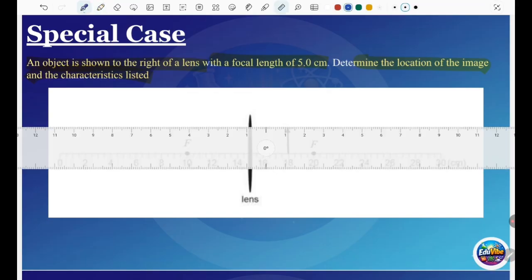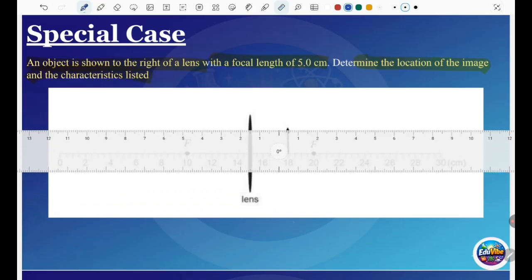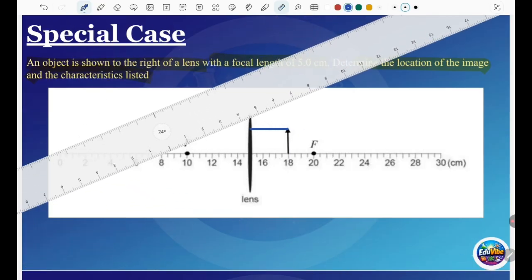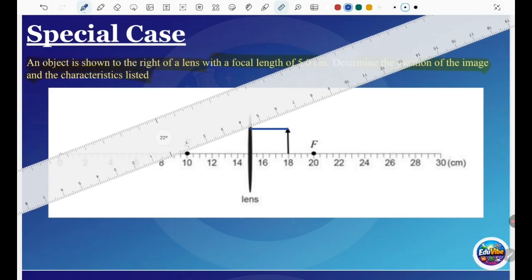So let's make this. Firstly, this is the object, and I made the ray which is parallel to the principal axis and then passes through the principal focus. So this is right over there.